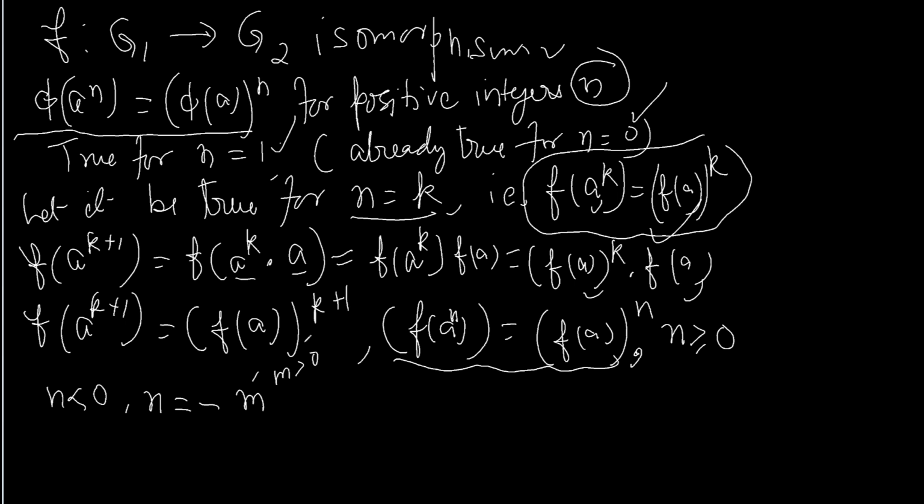So now, if we took a^m times a^(-m), that will be the identity in group 1. So we have f(a^m times a^(-m)) equals f(e1), right?